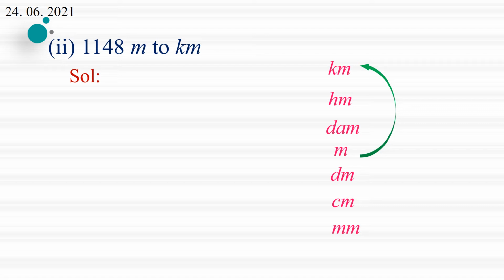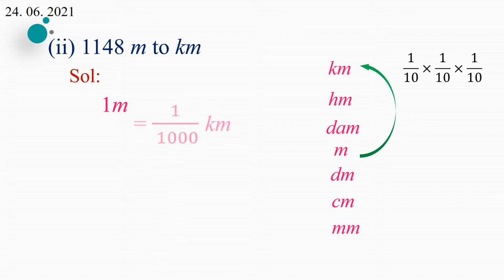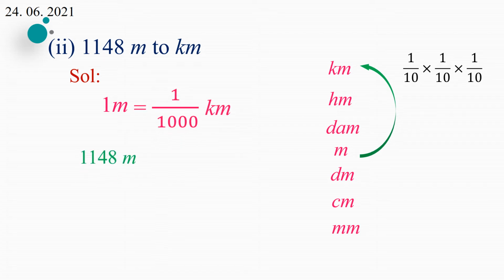The first step, meter to decameter. Second step, decameter to hectometer. Third step, hectometer to kilometer. So we have to move 3 steps upward. So each step of unit multiply by 1 by 10. So we get 1 by 10 multiplied by 1 by 10 multiplied by 1 by 10. The formula is 1 meter equal to 1 by 1000 kilometer.